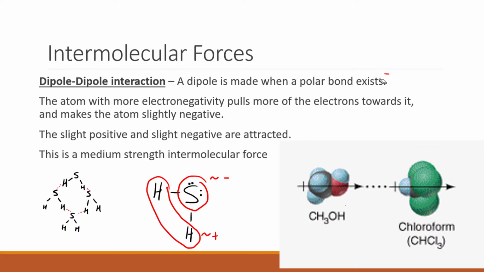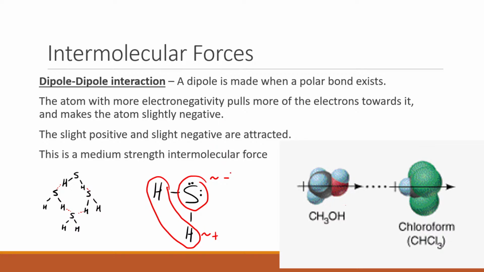Now, if this is a medium strength intermolecular force, it shows the stacking and this slight magnetic attraction. Hydrogen bonding is a stronger dipole-dipole force. It's the exact same concept.